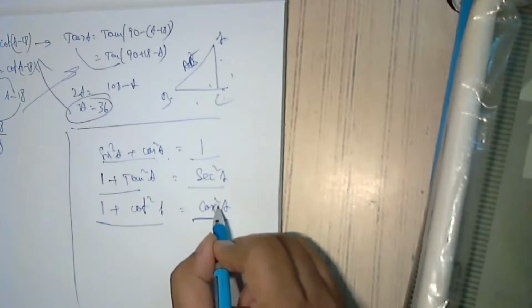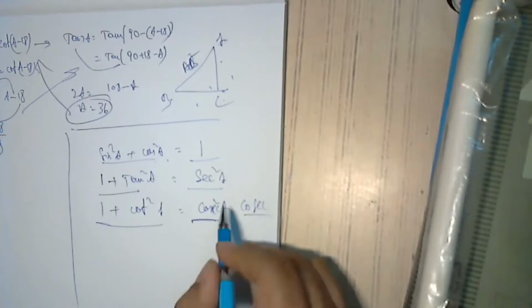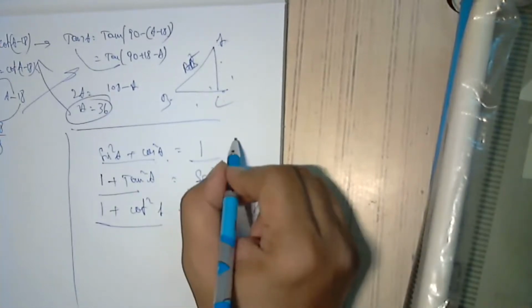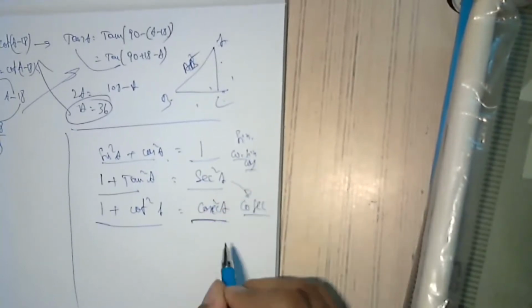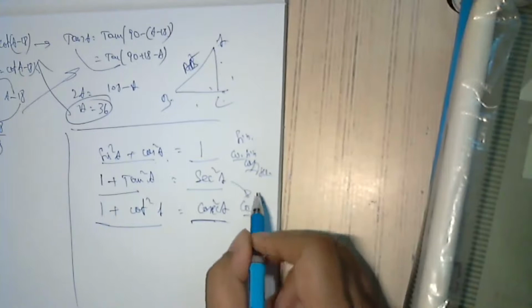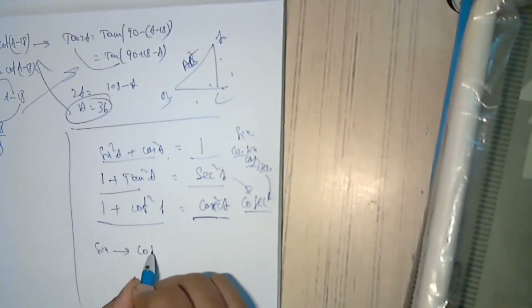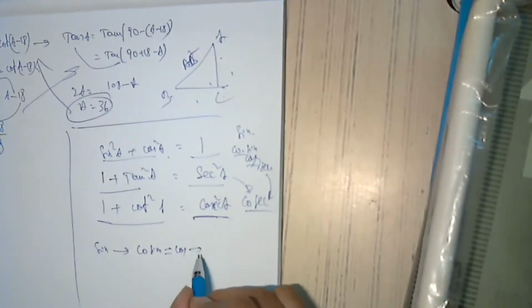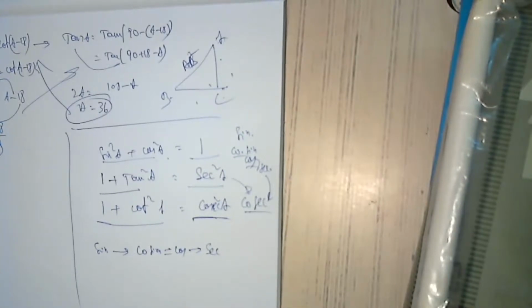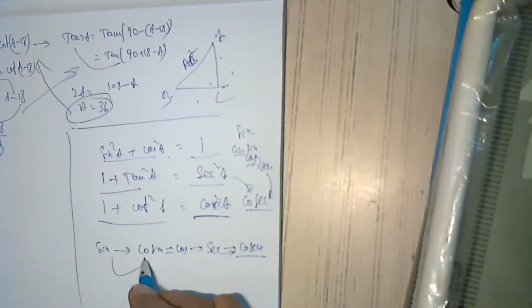Cosecant goes with sin. Cosine is cos. Cos reverse is secant. Reverse of sine is cosecant. You see? From sine we got cosine, from cos we got secant. Cosecant is for sine reverse. So cosine, cosecant.